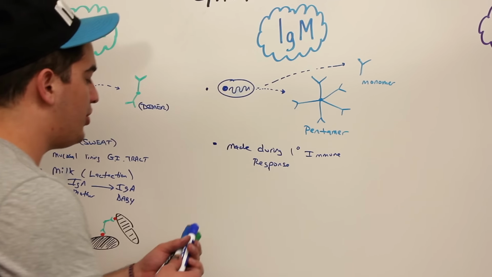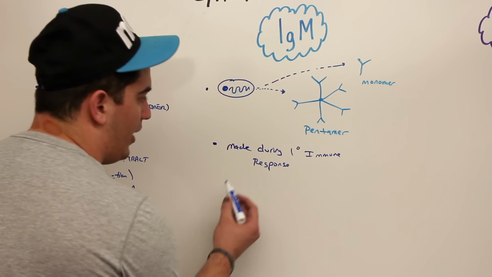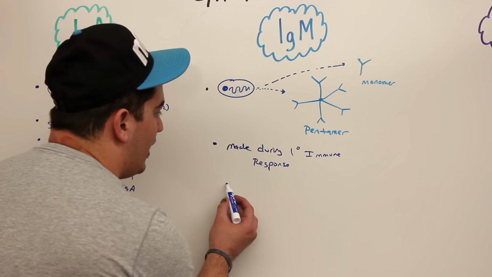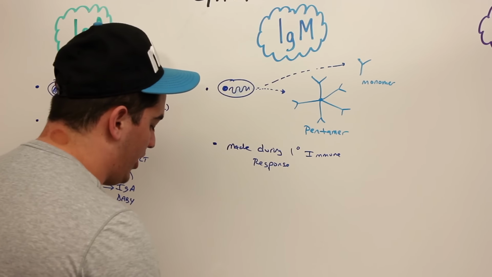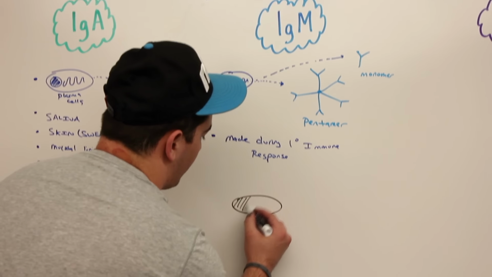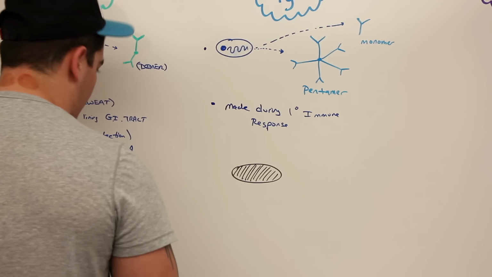What can these antibodies do? All right, well, they can also be found within a lot of our extracellular fluids. This one is going to love to activate the complement proteins. So if you remember, let's say here we have that bacteria. And what did that bacteria have on its cell membrane?